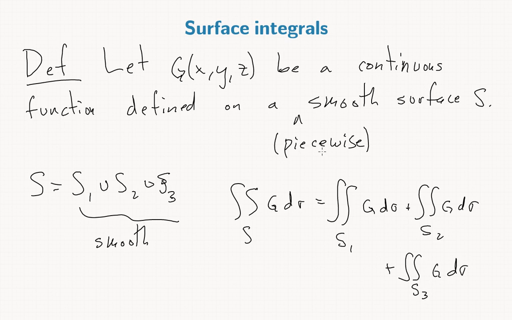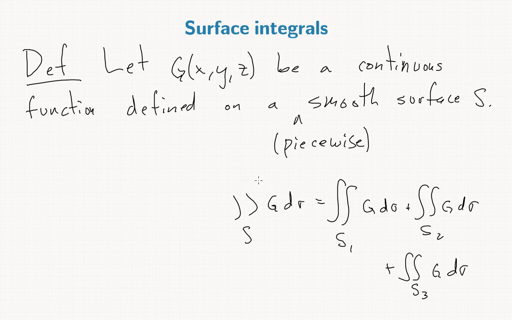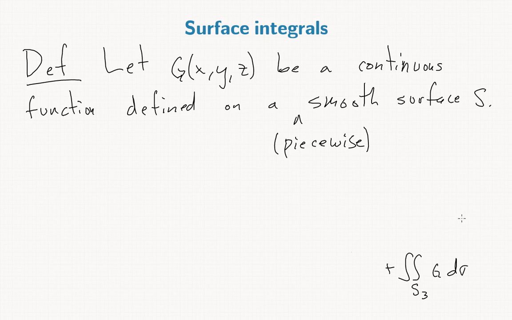So in generality, we can work with things which are only piecewise smooth, but we can reduce to considering only the case of smooth things. Okay, so the actual definition of this is done through a limiting process, as we've done many times. Let's just get to the actual formulas.